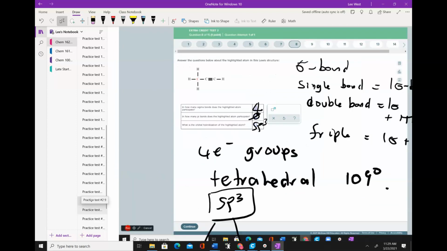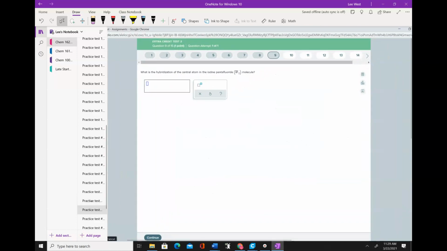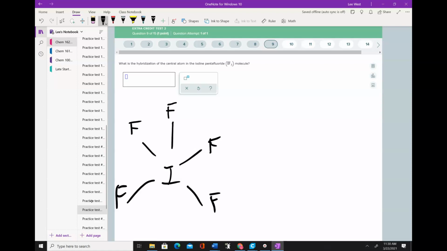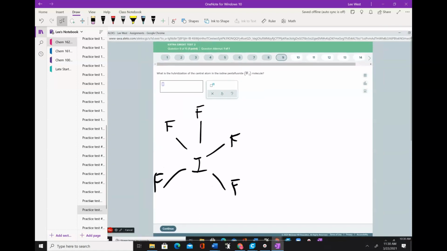All right, on with the next one. What is the hybridization of the central atom in the iodine pentafluoride molecule? So the first thing that I'm going to notice here is that this is an iodine atom with 5 fluorines attached. So the Lewis structure is really either going to look like this, where there's no lone pairs on the iodine, or there's going to be lone pairs on the iodine.